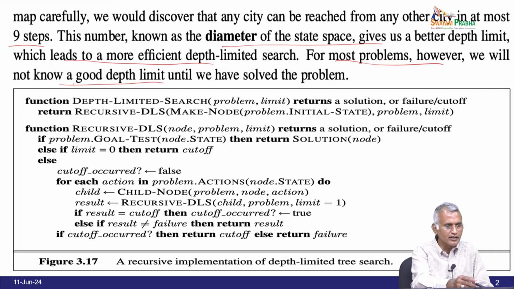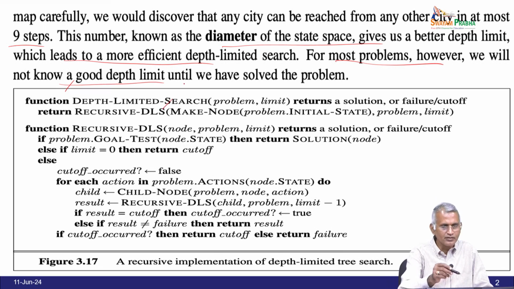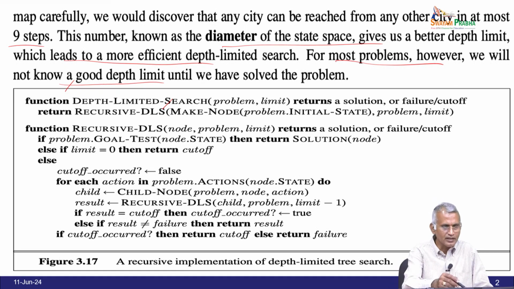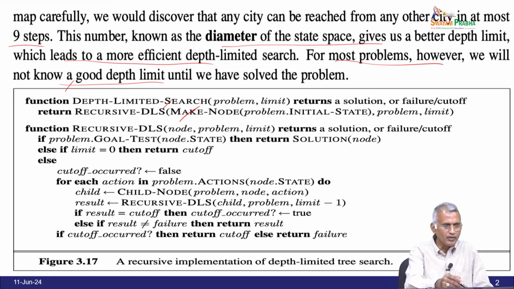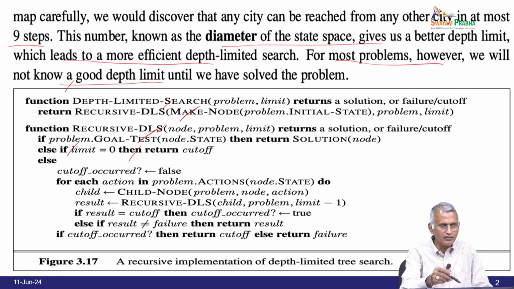The pseudocode: function Depth-Limited-Search returns a solution, or failure, or cutoff; return Recursive-DLS(Make-Node(problem.initial-state), problem, limit). Function Recursive-DLS(node, problem, limit) returns a solution, or failure, or cutoff. If problem.goal-test(node.state), then return solution; else if limit equals 0, then return cutoff; else cutoff_occurred is false.